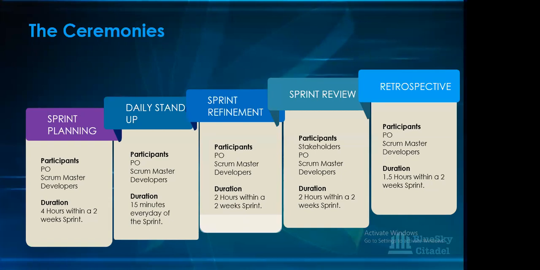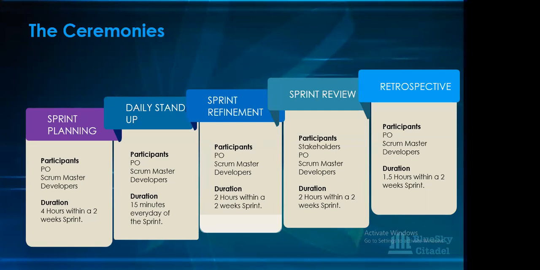Some schools of thought will tell you that you have 5 major ceremonies, while others will tell you we have 4. But let's just stick to 5 for clarity's sake, because that is what is obtainable, and we'll tell you why the 5th one is very important.